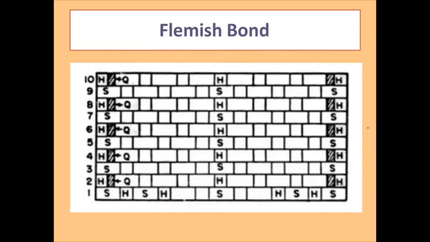And the last type of the conventional bond is the Flemish bond. If you see the English bond, the wall consists of alternate stretcher and alternate header courses. But in case of the Flemish bond, each course consists of alternate stretchers and headers.